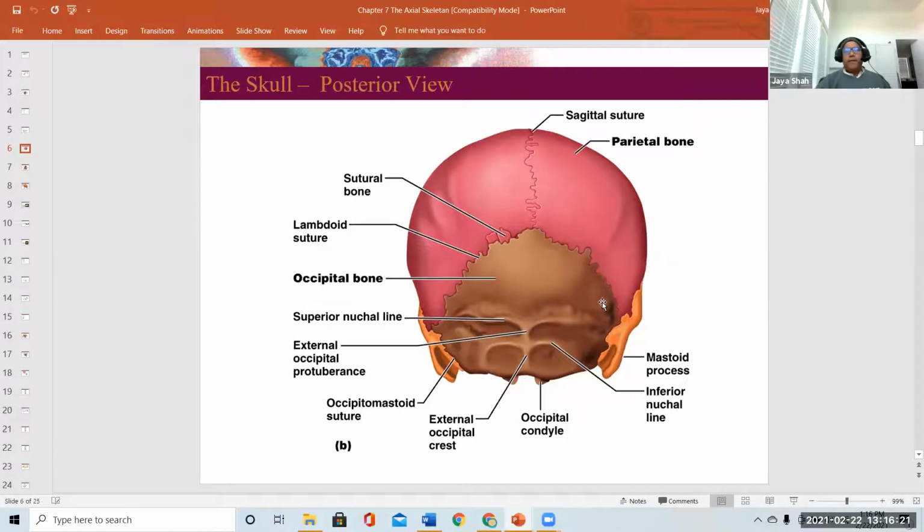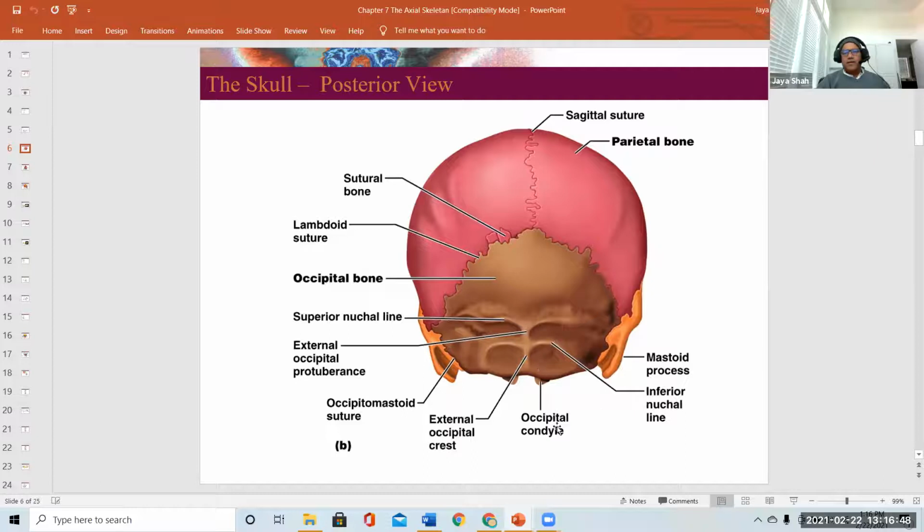Here the lambdoidal suture is between the parietal and occipital bone. And then there is occipitomastoid suture. This is occipital bone and this is mastoid process of the temporal bone, and the suture between them is occipitomastoid suture.